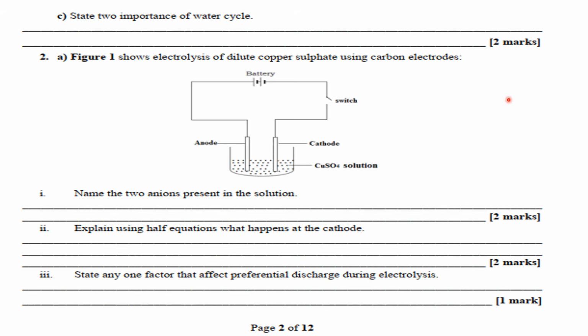Question 1C is asking us to state two importance of the water cycle. The water cycle is also called the hydrological cycle, which we define as the natural circulation of water between the earth and the atmosphere.